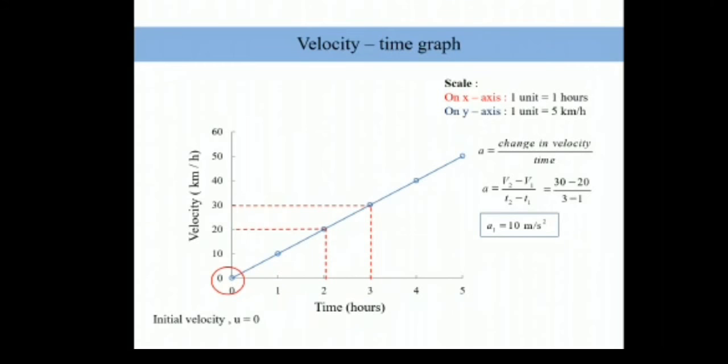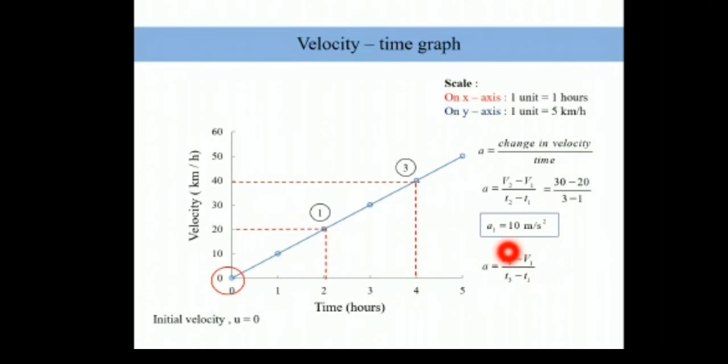To calculate acceleration we can choose any 2 points. Let's say we take another point like this, and take the first point and the third point. The velocity at the first point is 20 and the velocity at the third point is 40. The time at the first point is 2 hours, and here the time is 4 hours. Now we find the acceleration: change in velocity, v3 minus v1, divided by t3 minus t1.